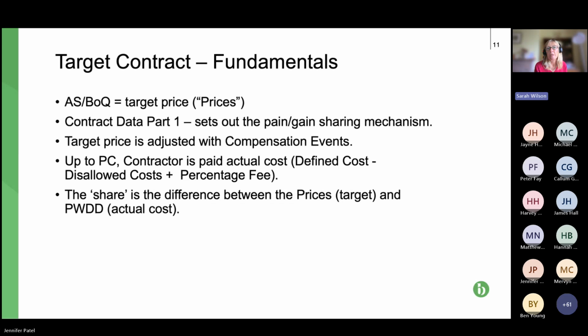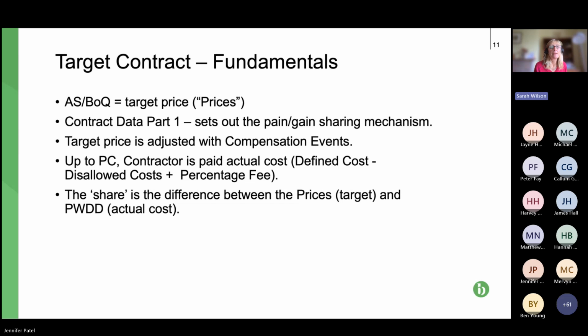And then we add the fee percentage or the percentage fee, which is very broadly the overhead and profit, because of course we've seen that the defined cost just covers the actual cost of the people, the material, the equipment. And most businesses, contractors and subcontractors, want to make a profit and have certain overheads which need to be covered in addition to making a profit.